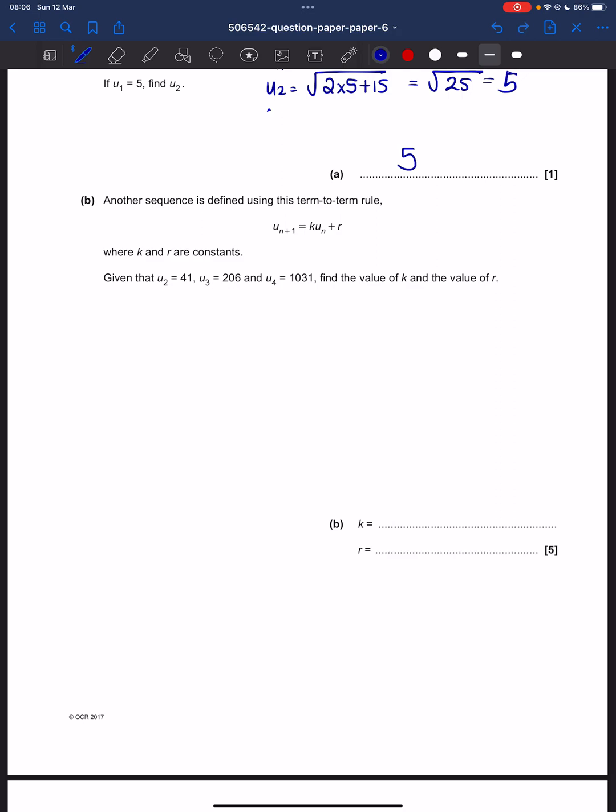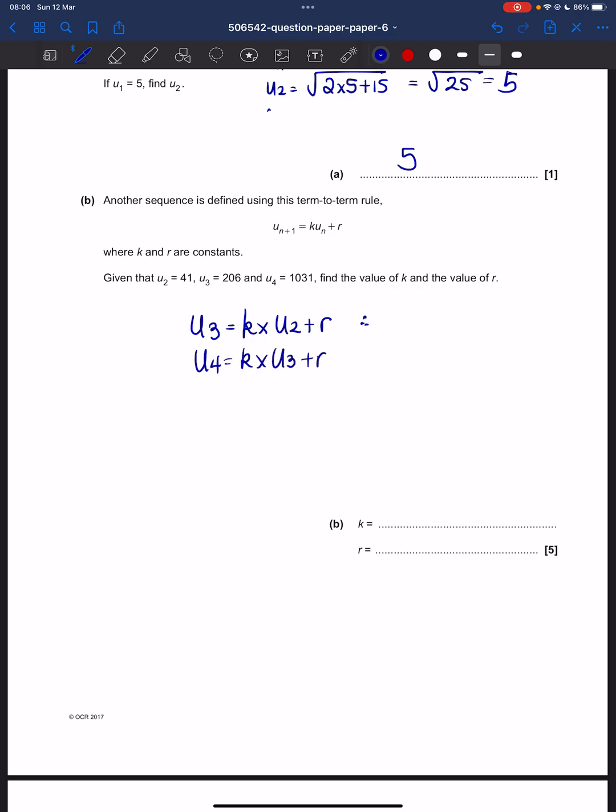I'm going to say u3 is k times u2 plus r. So put the numbers in. This is because this subscript here has to be 1 more than the subscript there. I started writing 2, but I'd need 1 for there, and I haven't got anything about 1. So I've gone on to 3 in terms of 2, and then I can also have 4 in terms of 3, so I'll write that underneath here as well.